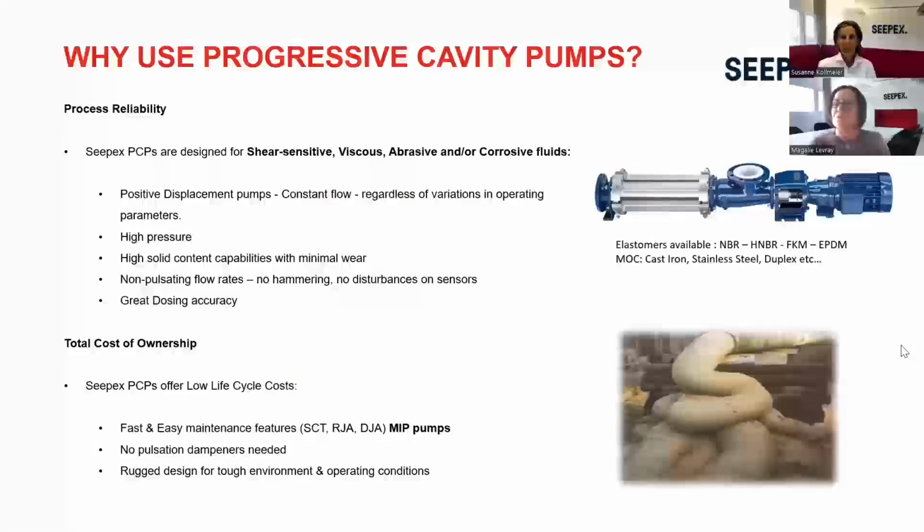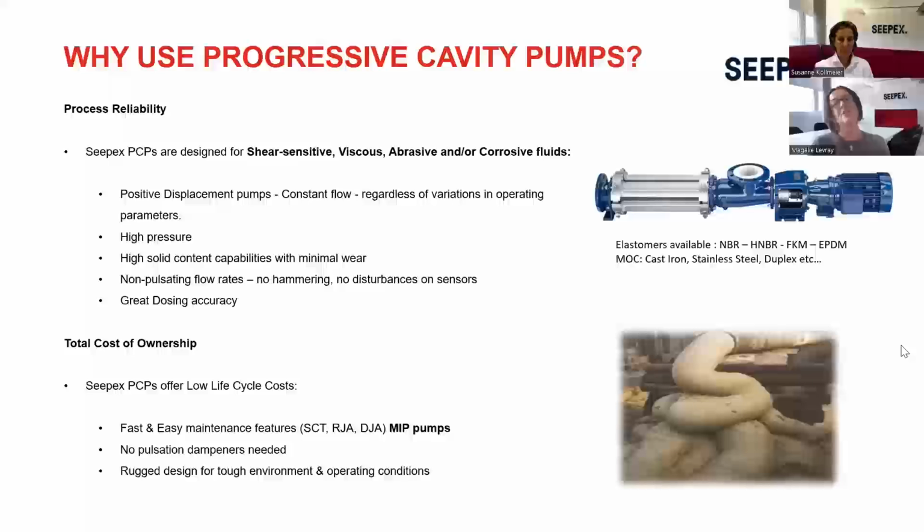Why use progressive cavity pumps? There are two reasons that we can distinguish. One is process reliability, and the other is to decrease the total cost of ownership. As far as process reliability is concerned, we've seen with the functioning principle that the technology is ideal to handle shear sensitive and abrasive fluids.